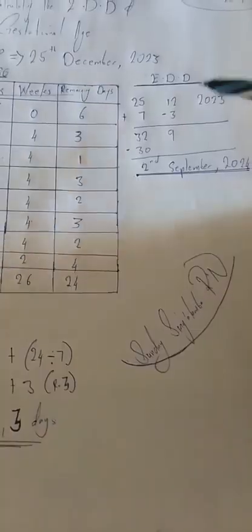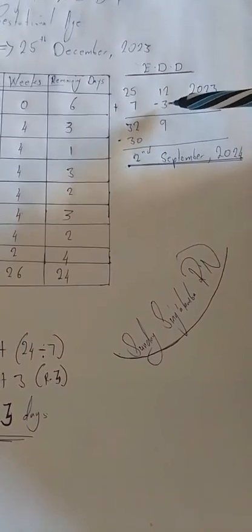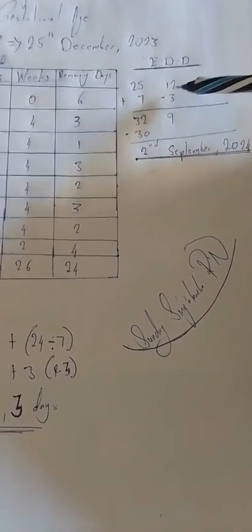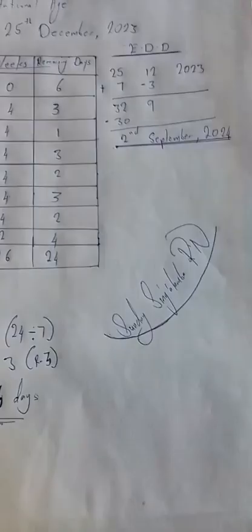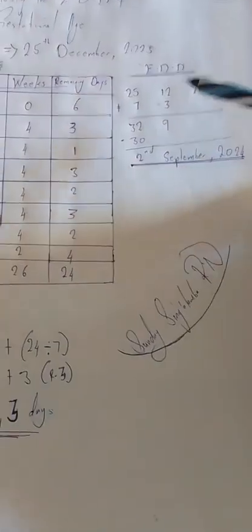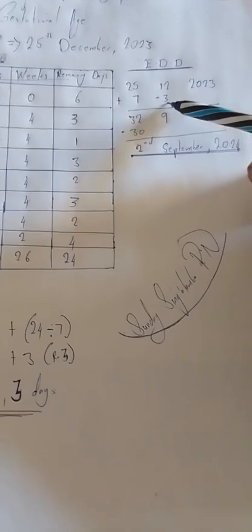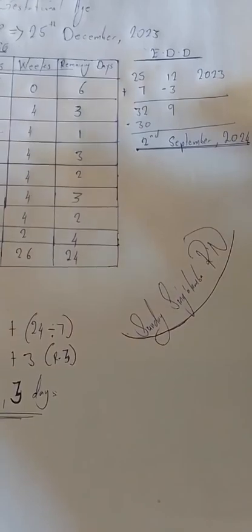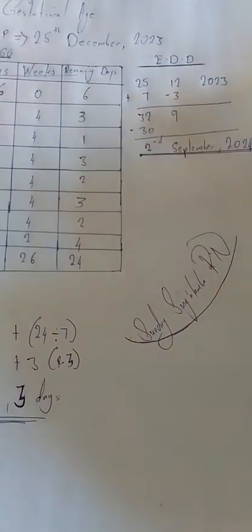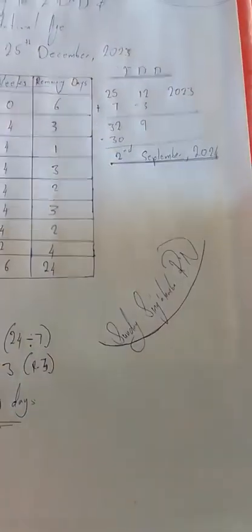Then here on months, it depends on the month of the LMP. If the month of LMP is from April going up, meaning April, May, June up to December, we subtract 3. If the LMP month is January, February, or March, there we add 9.